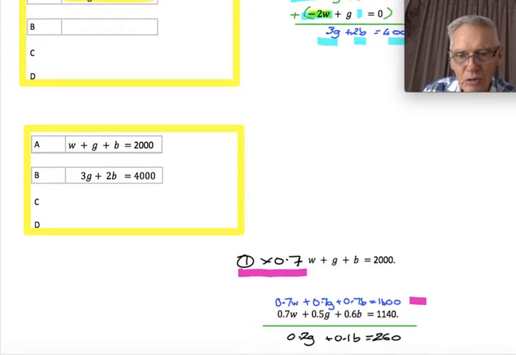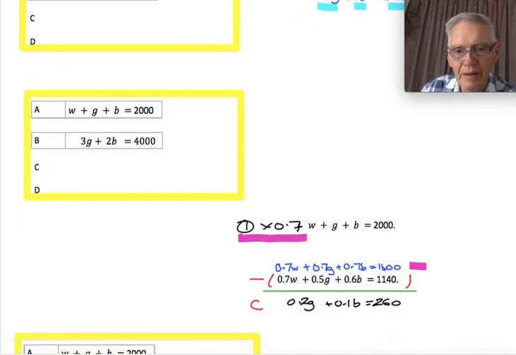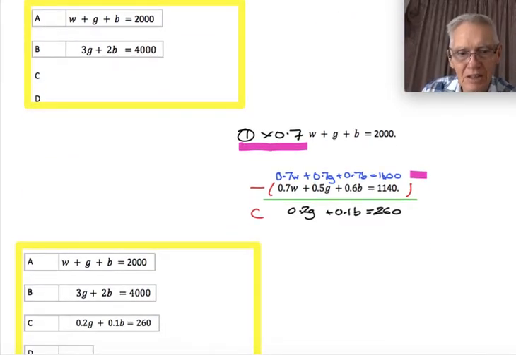Then I'm going to subtract everything here. So I subtract away all of this equation. So the 0 disappears. That gives me 0.2G, 0.1B, 260. That is my equation C, which I write in over here. So I've done that here. So I've got A, B, and C.